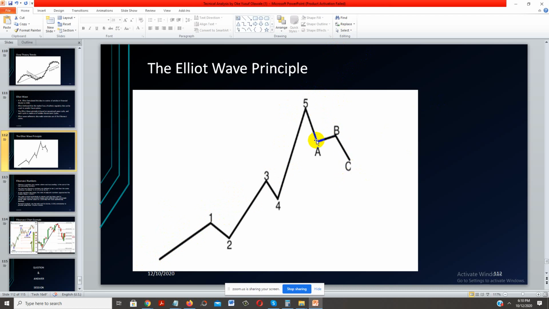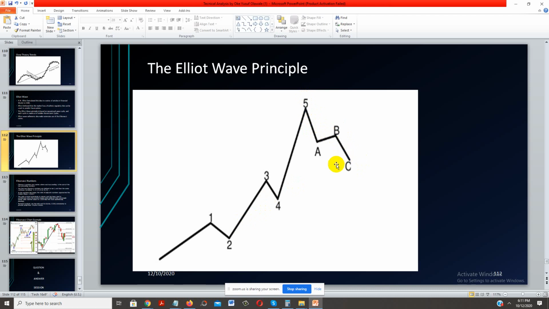Before another. That is 50% of, hello sir. Hello sir. Yes, I'm with you. That is 50% of the move. That is 50% of the move from wave 4 to wave 5. No, 50% of the move from wave 1. That's the accurate figure. But what these people drew here, I don't think it's correct, except in a very bullish market.